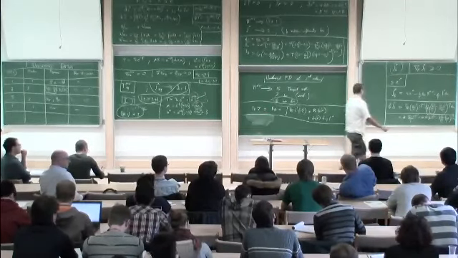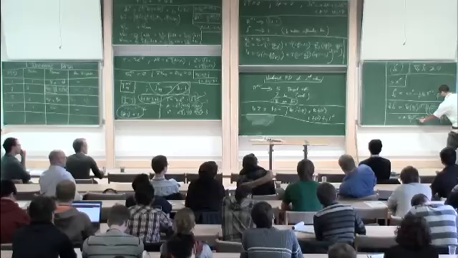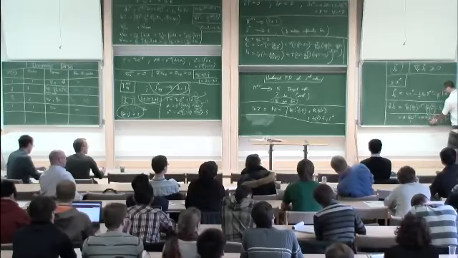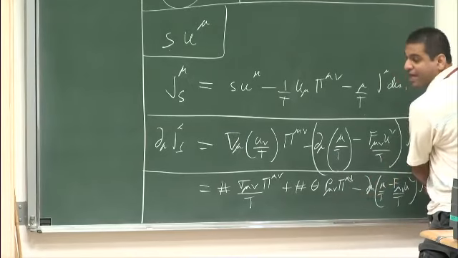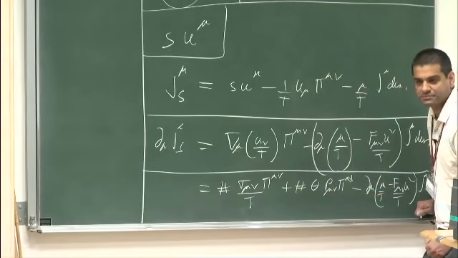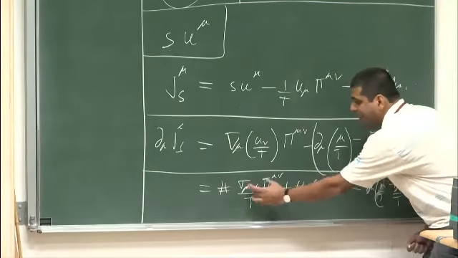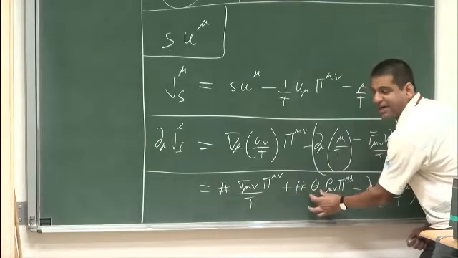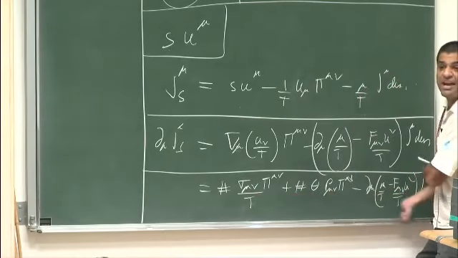Now, you see this π^μν, P_μν, and j^μ_dis are all expressions of first order in the derivative expansion. They're being multiplied by explicit expressions which are also of first order in the derivative expansion.